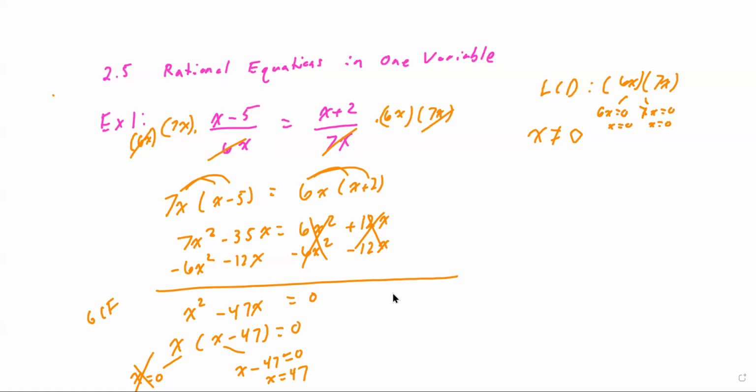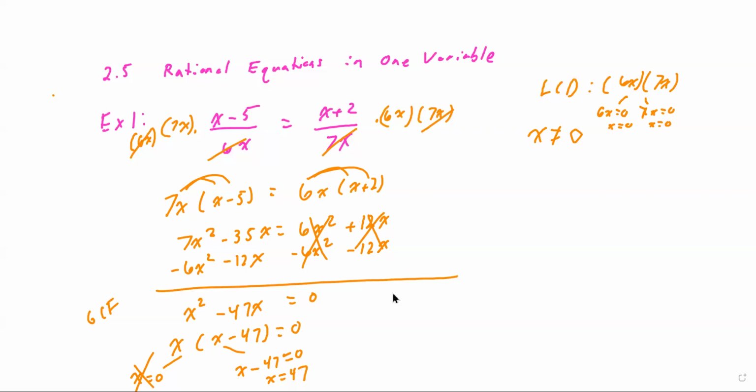So 47 minus 5 is 42. 6 times 47 is 282. So 42 divided by 282 is 0.1489, whatever that is. 47 plus 2 would give you 49. And so therefore, 7 times 47 is 329.